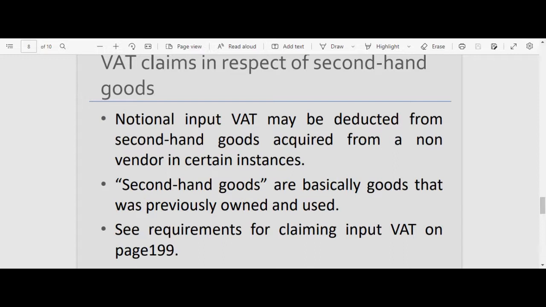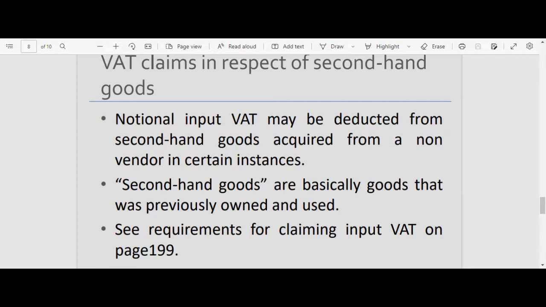Let's put some figures to this, ladies and gents. Let's say we are purchasing a second-hand vehicle as a business. So we're second-hand motor dealers. We are purchasing it from a private citizen for 50,000 rands.